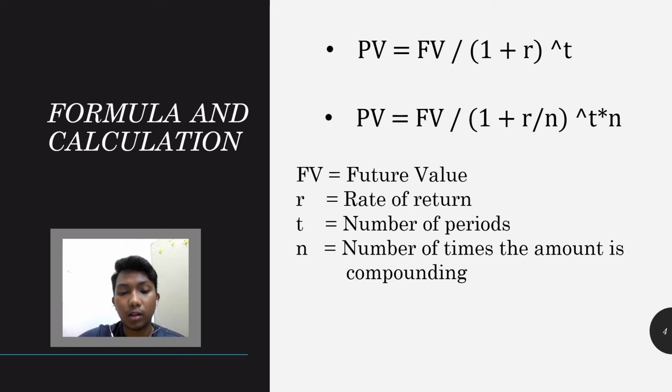So FV refers to future value, r is the rate of return, t is the number of periods, while n is the number of times the amount is compounding.